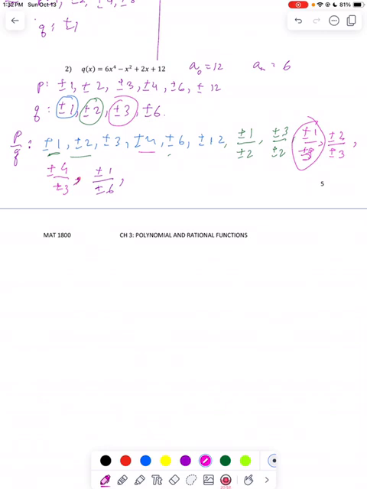So we will not write this one. And then plus minus 6 over plus minus 6 is plus minus 1, so that is not added. Then plus minus 12 over plus minus 6 is plus minus 2, which is already there. So these are all possible values of the rational zero of this polynomial.